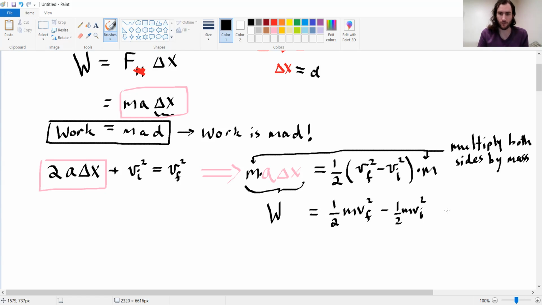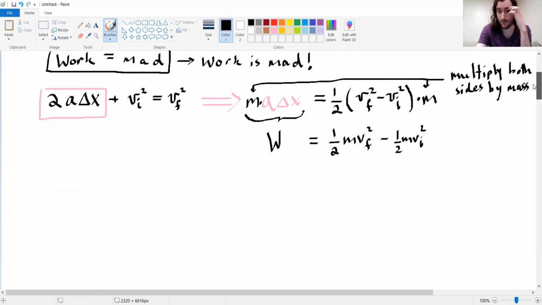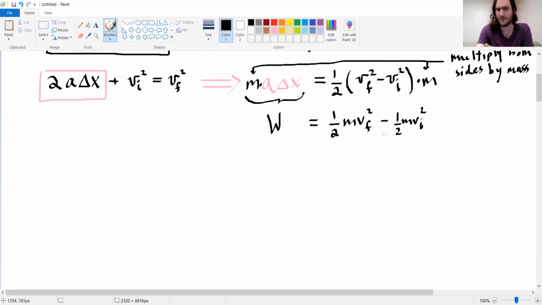Now, what do we call this thing on the right side? Before we give it a name, let's define a new quantity, this 1/2 mv squared thing. Define 1/2 mv squared as what we call kinetic energy.